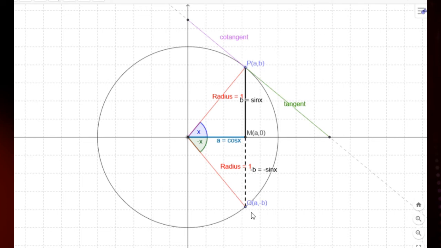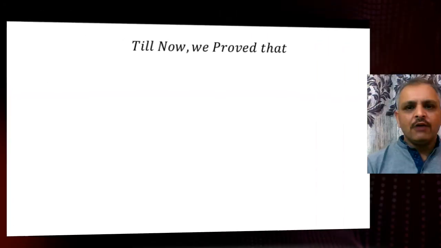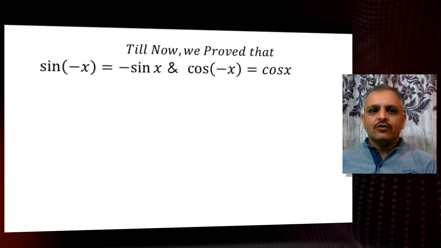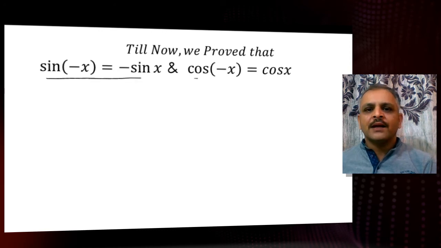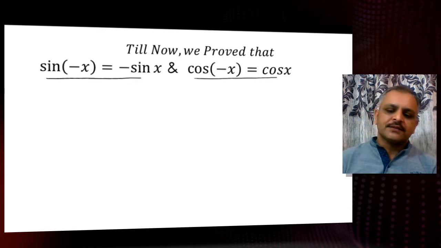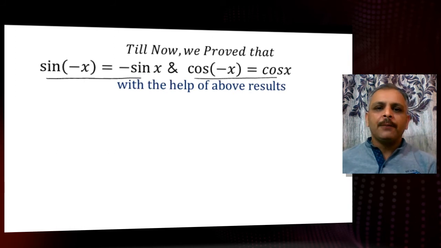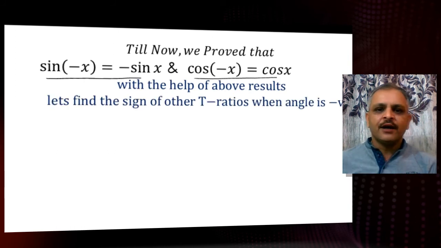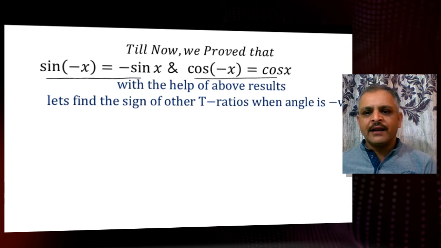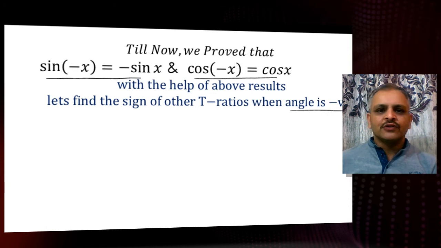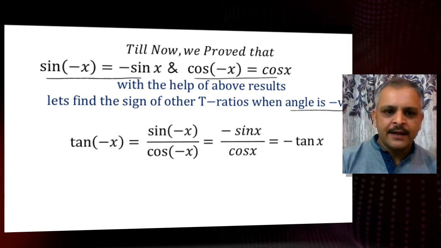That means the ratio sin x will have the same value but it will have a negative sign. So till now we proved that sin(minus x) is equal to minus sin x and cos(minus x) is equal to cos x. With the help of the above results, let's find out the other trigonometric ratios when the angle is negative. Sine and cos we know, so let's find out tan(minus x).